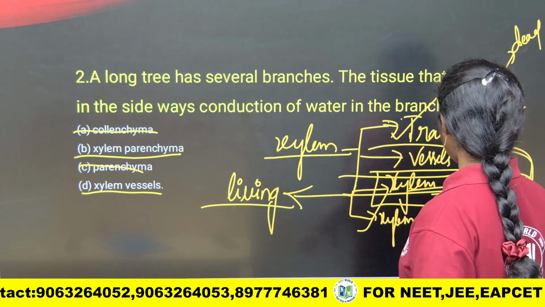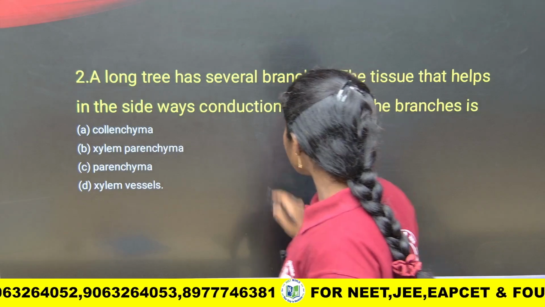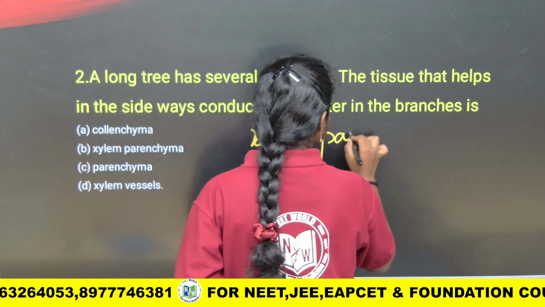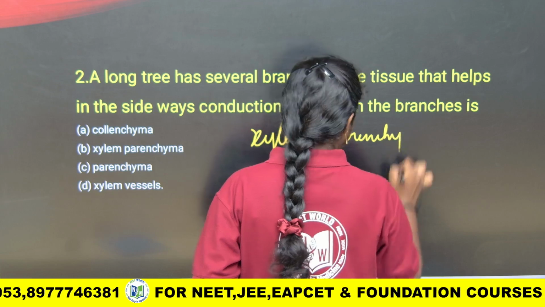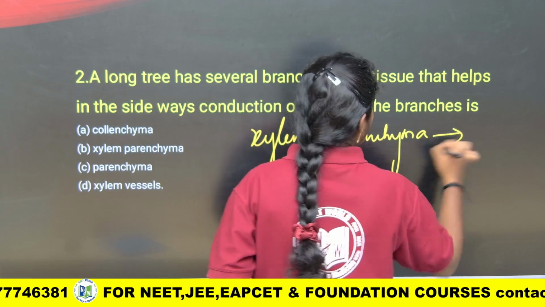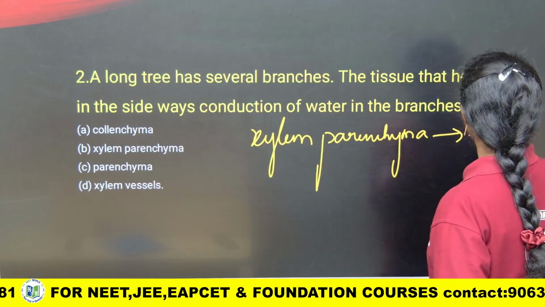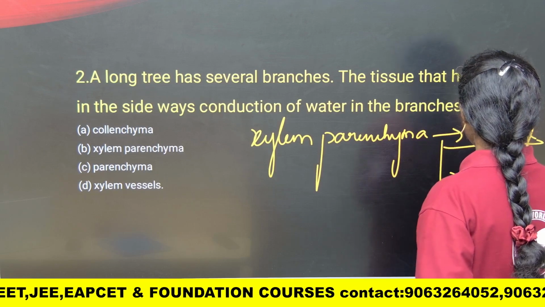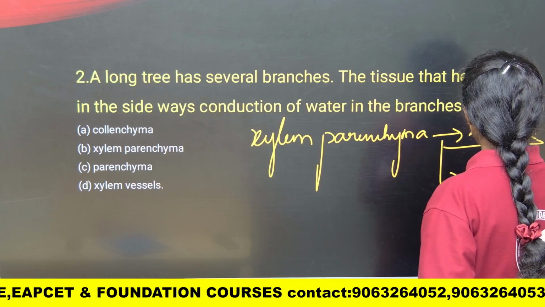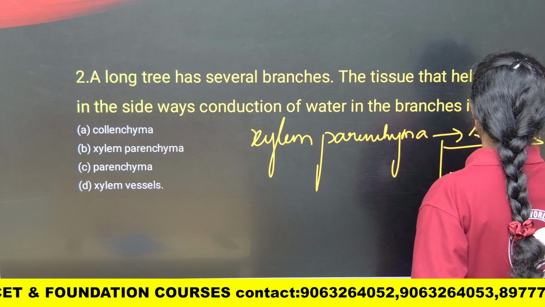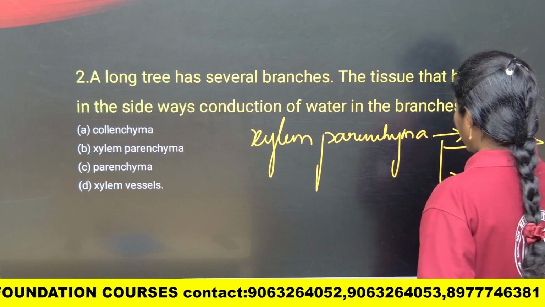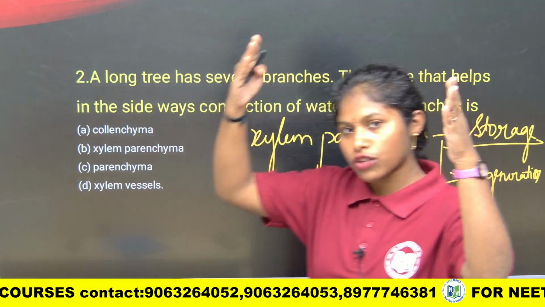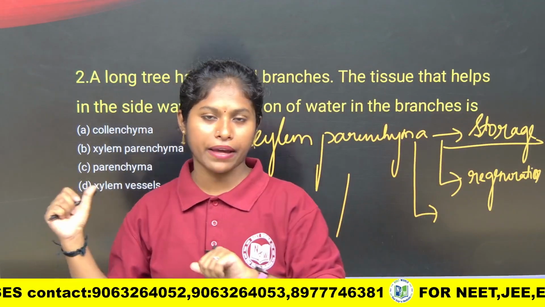So here the xylem parenchyma. What is the xylem parenchyma function, children? It is a living tissue, helpful in storage, and when any damage happens it helps in regeneration, and also, children, the lateral conduction, which means side conduction of water, happens by this xylem parenchyma.